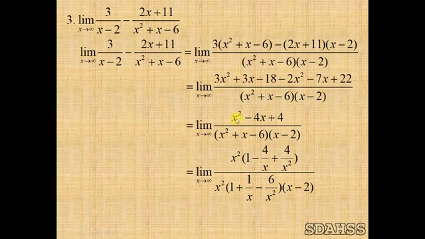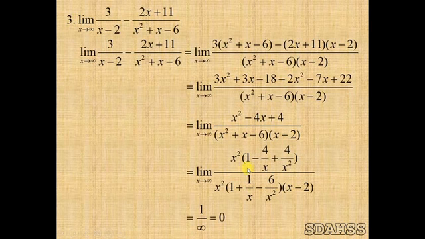You take out x square, so you have x square into (1 minus 4 by x plus 4 by x square), divided by, similarly, the largest power is 2, so you take out x square. So you have (1 plus 1 by x minus 6 by x square) into (x minus 2). The x square cancels.